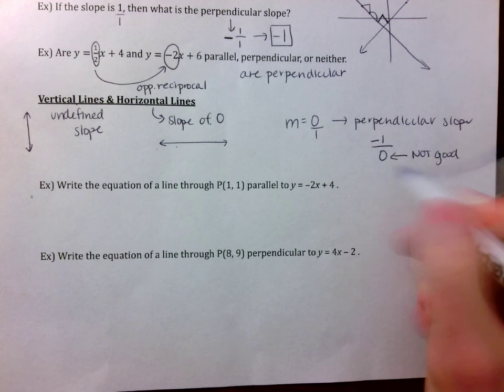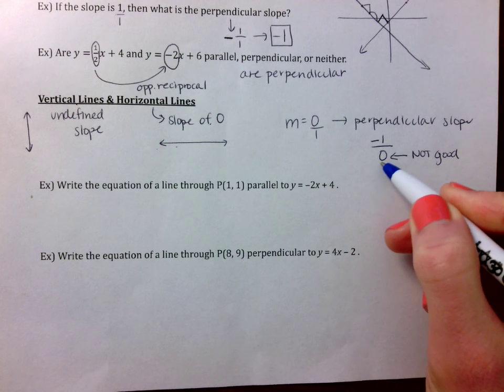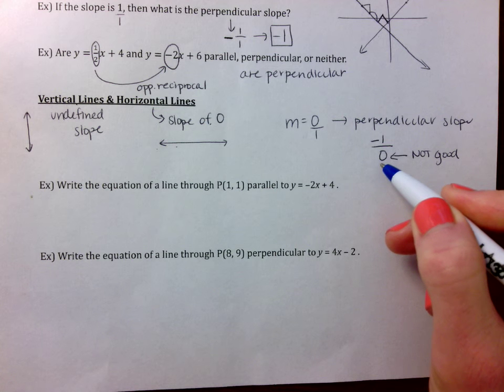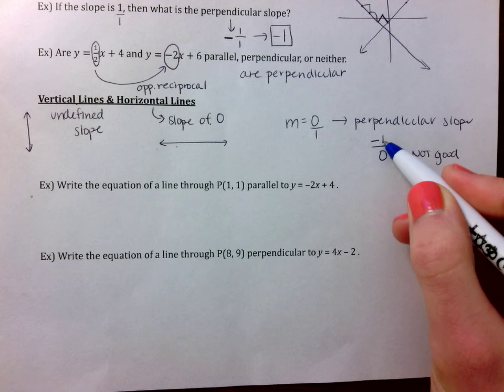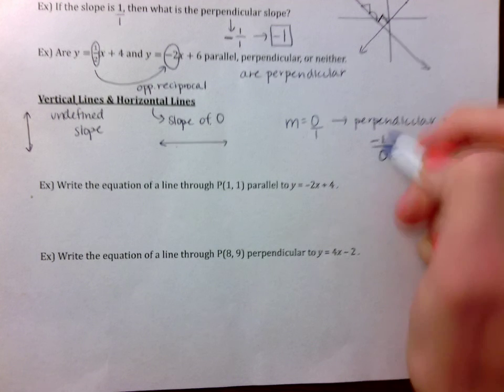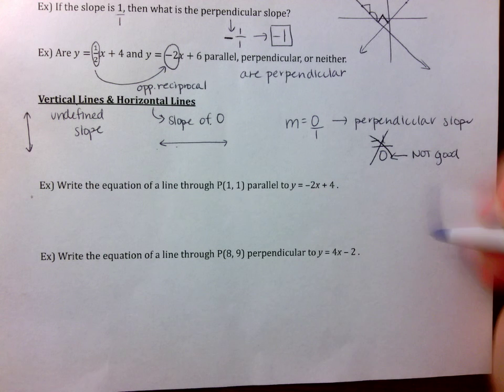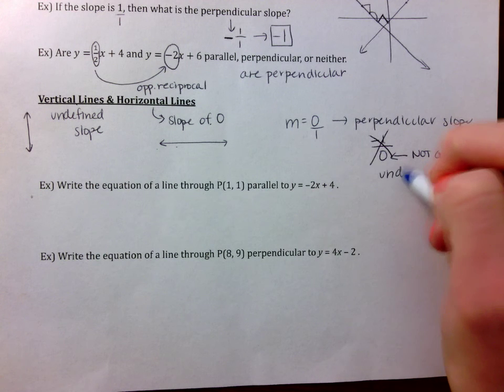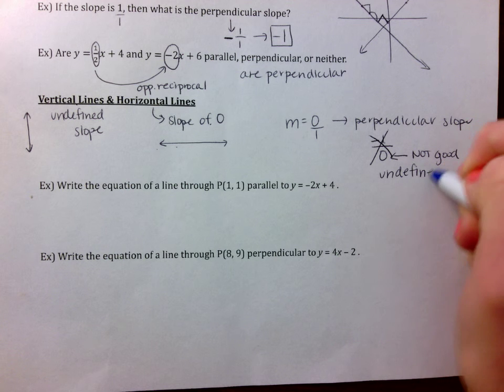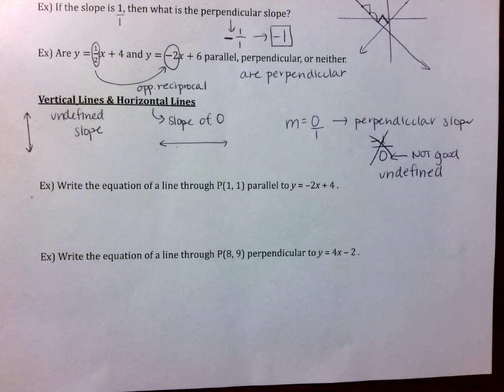In math, we can never have 0 as a denominator because it's not possible to have 0 parts of something and then have negative 1 of those. It's just not possible. So that in math would be a no-no, and we would know that that would be undefined.